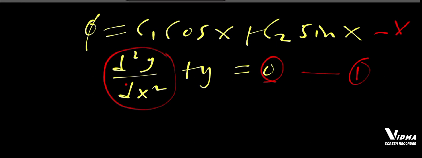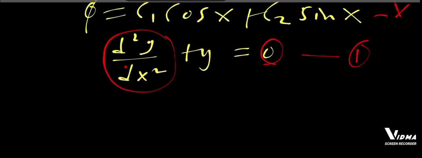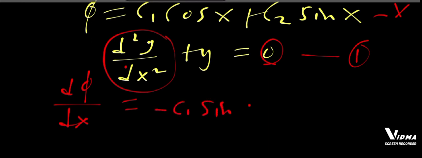So we are going to assume that phi is y. So the first derivative, d phi dx. Differentiating cos, we get negative c1 sine x, plus differentiating sine x, we get cos x, so we get c2 cos x.